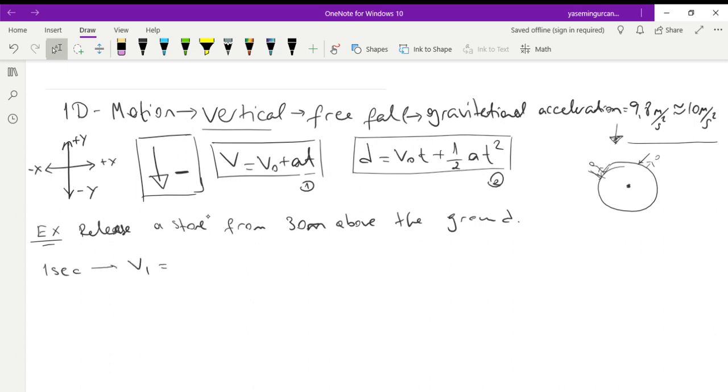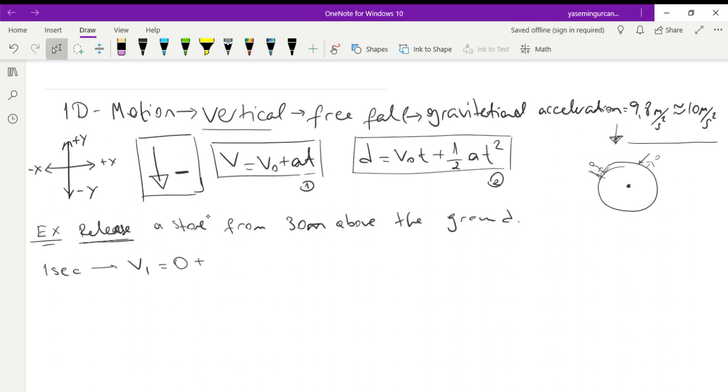Velocity-wise, I did this exercise with another example in the horizontal one-dimensional motion, so I want to do a similar one here. In our case, because it's released, and I'm sorry for my writing, release means you don't have any initial velocity. Whenever you see that an object is being released, it means that your V0 is 0.